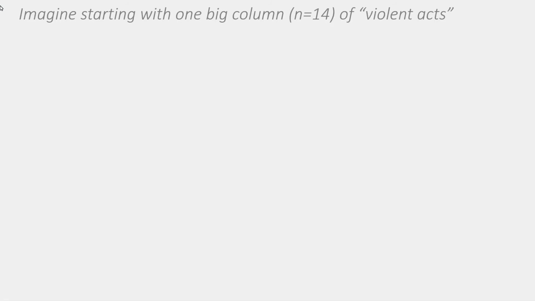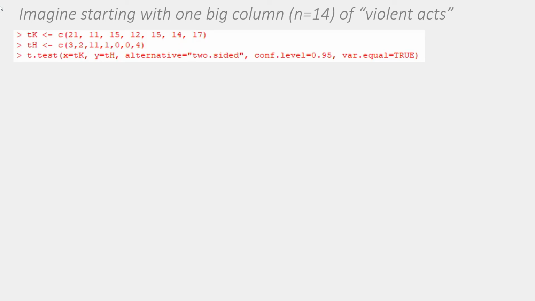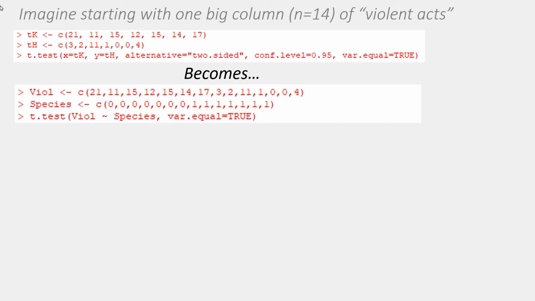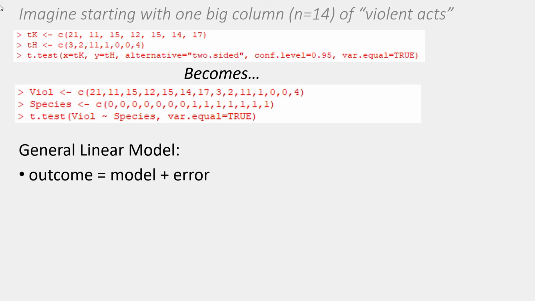Imagine starting with one big column, n equals 14 in this case, of violent acts, and note that half of our observations are Klingons and half are humans. We code this as a second variable. Then, in regression language, we ask, does classifying these data by a second variable, Klingon versus human, add to our ability to predict column values?